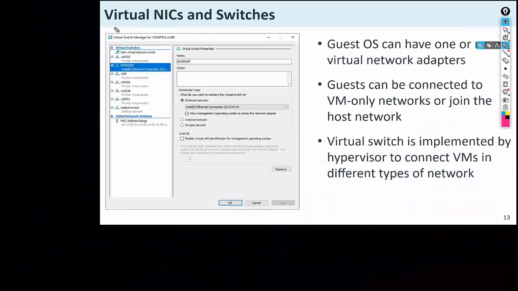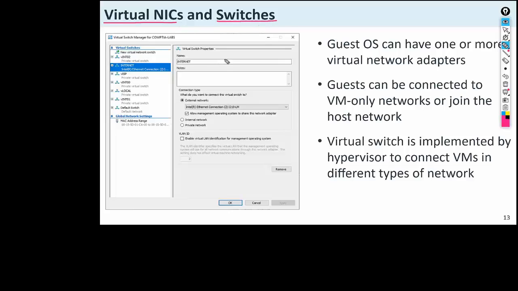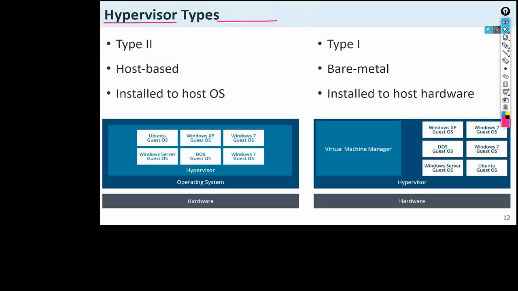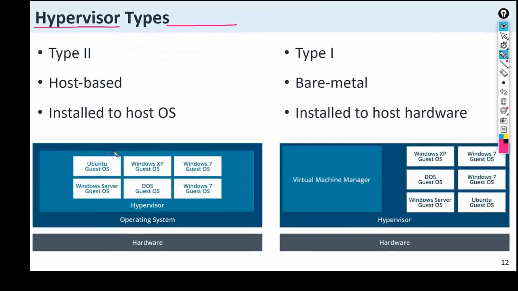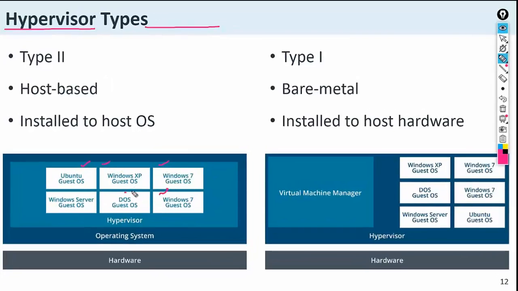Virtual NICs, virtual network interface cards, and switches. Because you know, on the hardware you have installed multiple operating systems, as you can see in the previous slide. With multiple operating systems, it is necessary to have connectivity in between them.